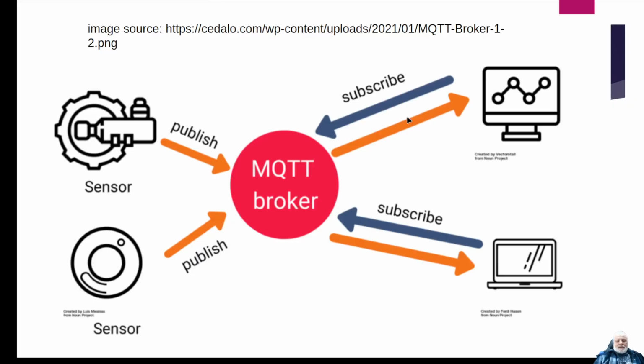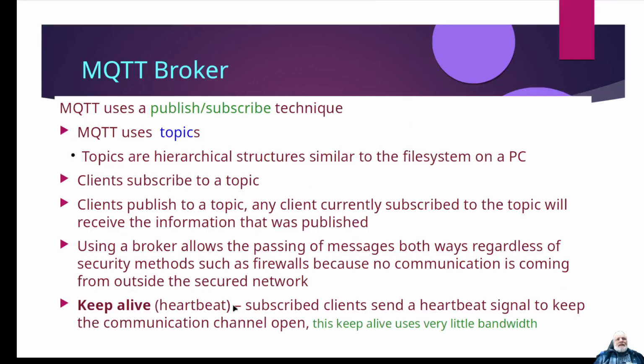So this subscription makes a network connection to the broker. And then the broker sends out what they call a heartbeat, which is just a very short little bit of information. That keeps the port open, that keeps the network connection open. But it doesn't use a lot of bandwidth because we're just sending a couple of bytes of data. It's not like we're sending down tons of data every minute.